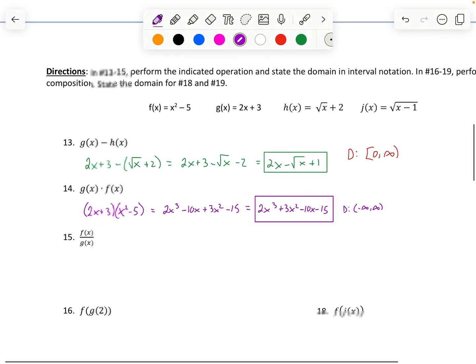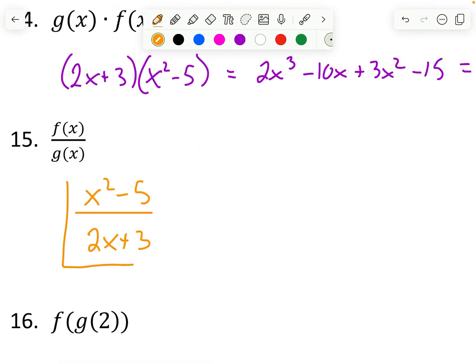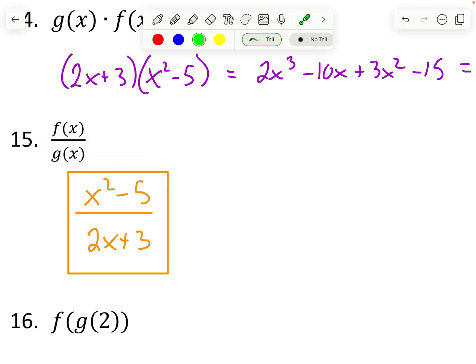All right. Then we got to do f divided by g, which is x squared minus 5 divided by 2x plus 3. And that's all you can do there. There's nothing to simplify or anything like that. You can't cancel anything from the top and bottom because nothing's factors.